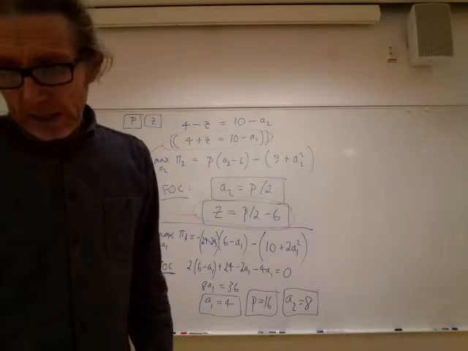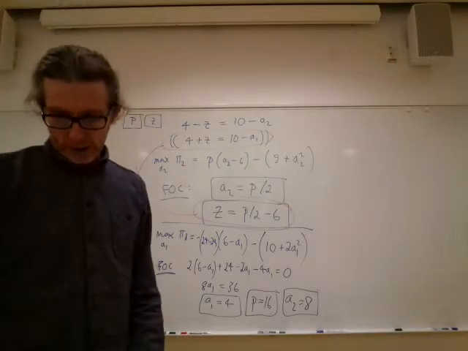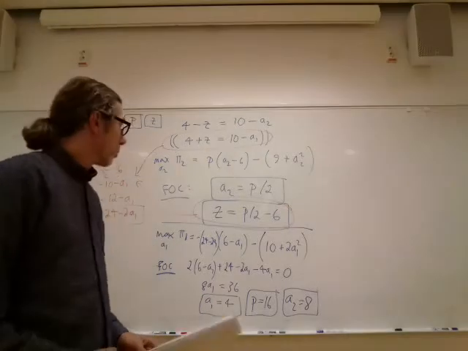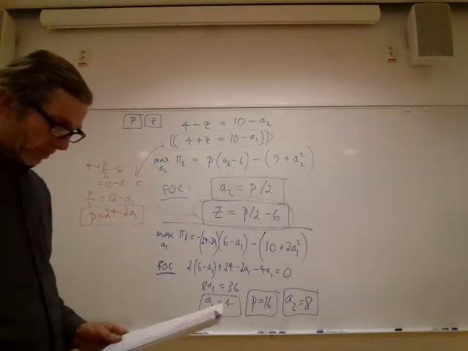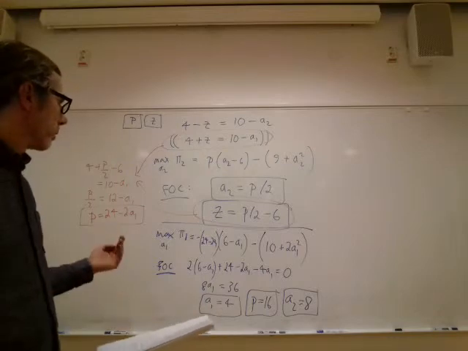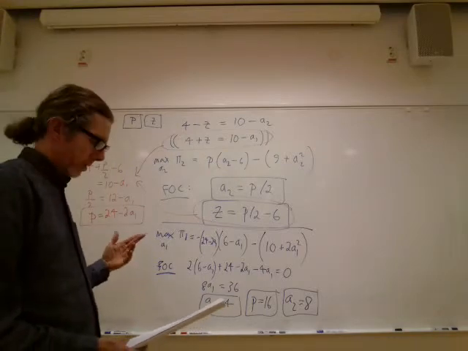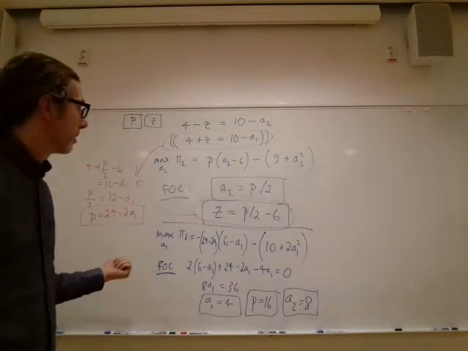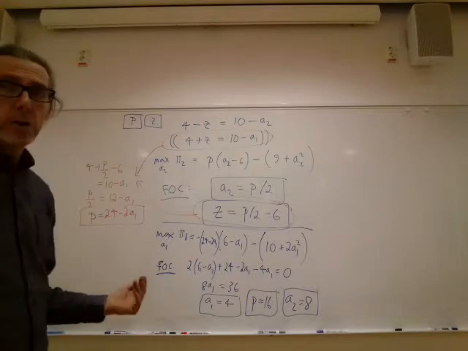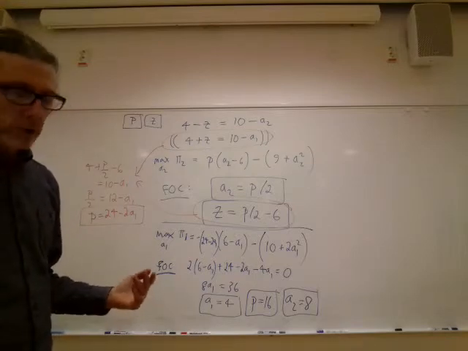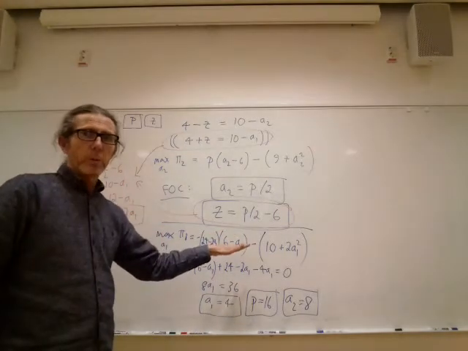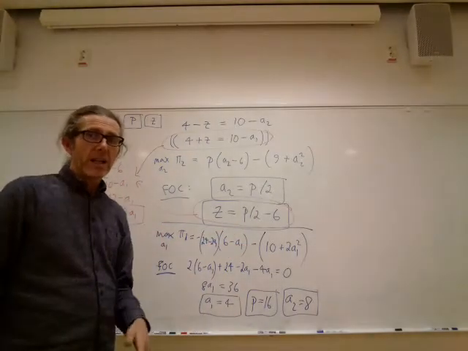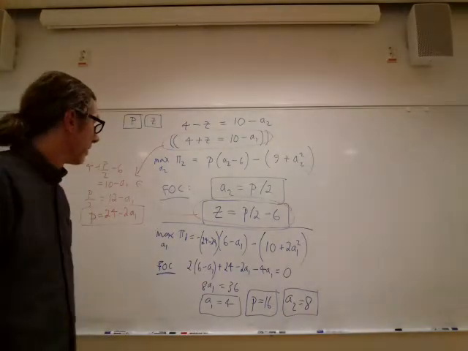To check that this is the correct solution, we should check against the corner solutions. So you would need to check against firm 2's option not to trade at all. Because that's a corner solution, the first order conditions aren't helping us, so we need to check that separately.